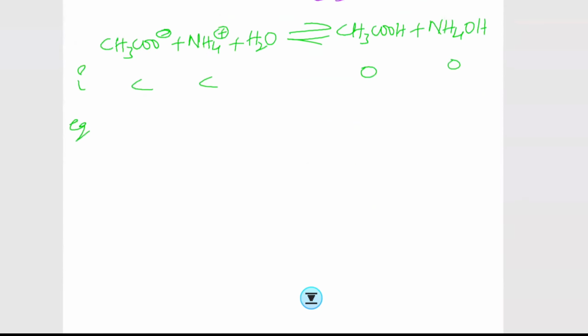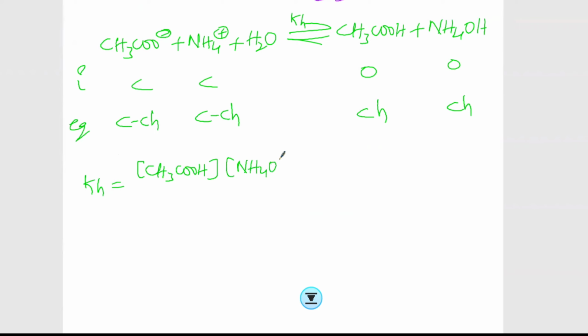Let us take Ch moles got dissociated. So the products will be Ch and Ch, and the reactants will be C minus Ch and C minus Ch. So if I want to write Kh, Kh could be what? Concentration of acetic acid CH3COOH into concentration of ammonium hydroxide NH4OH divided by concentration of acetate CH3COO minus into concentration of ammonium NH4 plus.